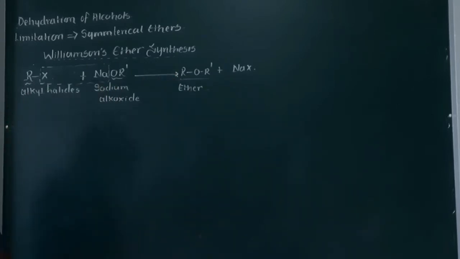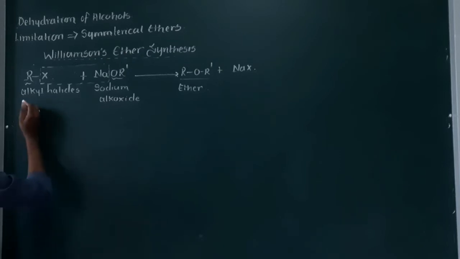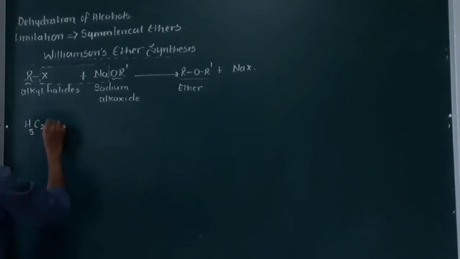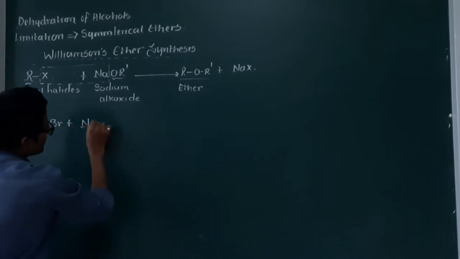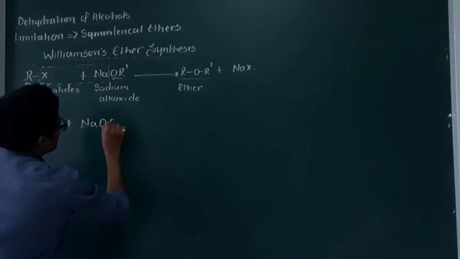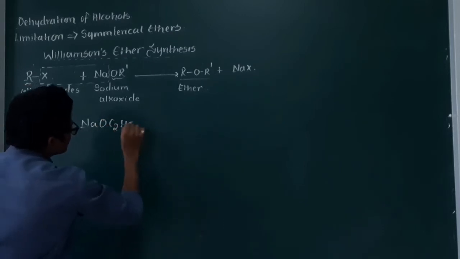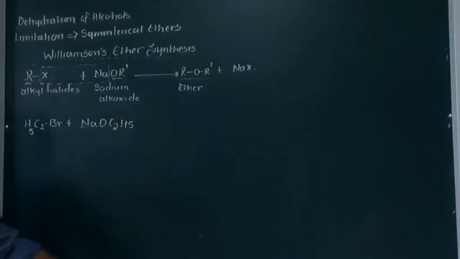Right? Now, let us understand using a few examples. In the first example, let us consider that we have C2H5Br plus NaOC2H5, that is sodium ethoxide.